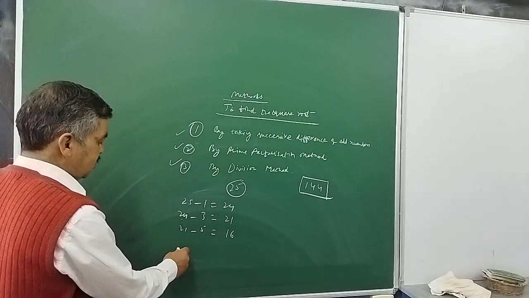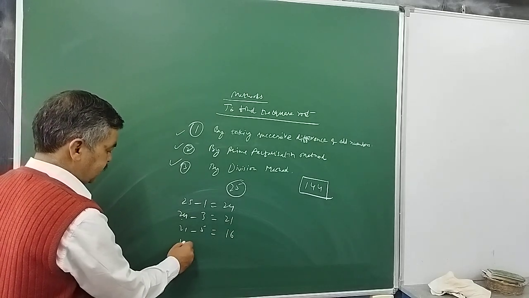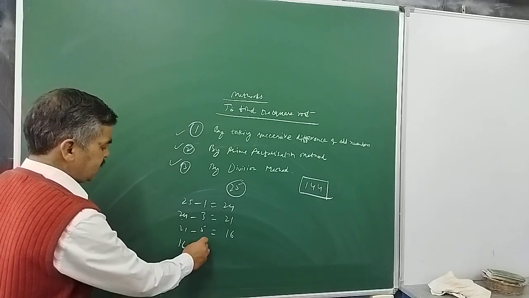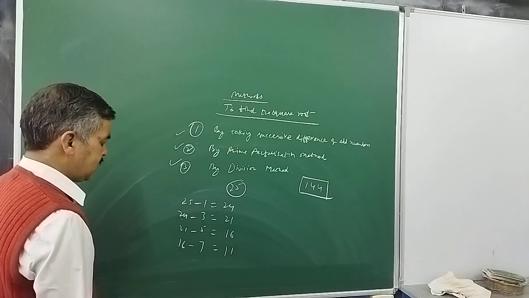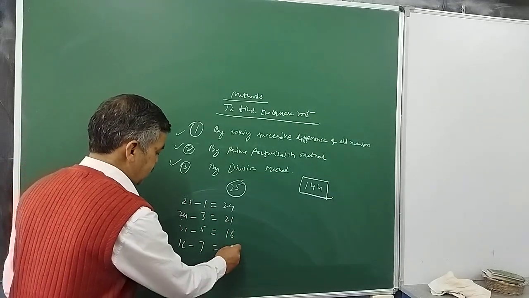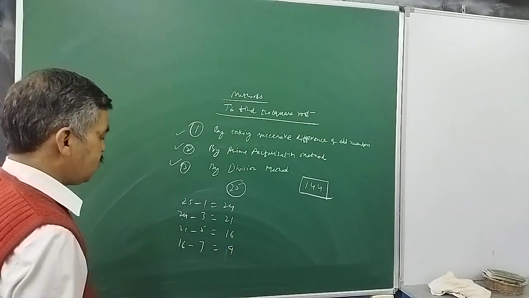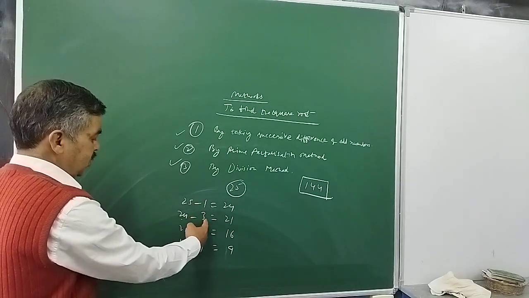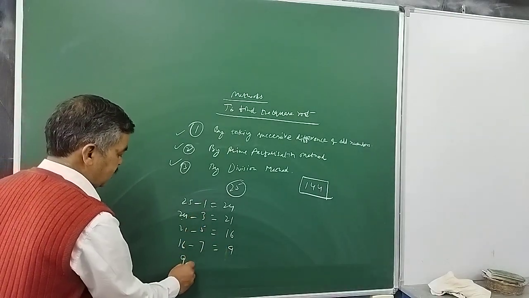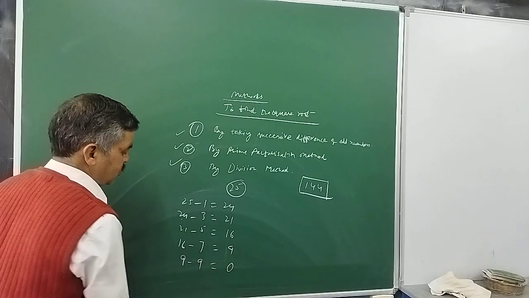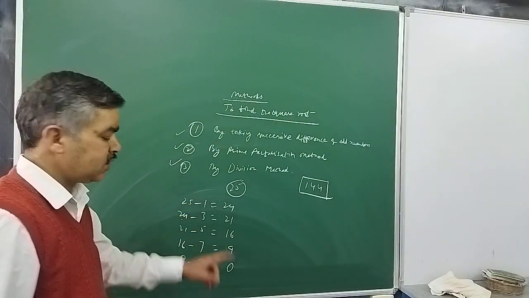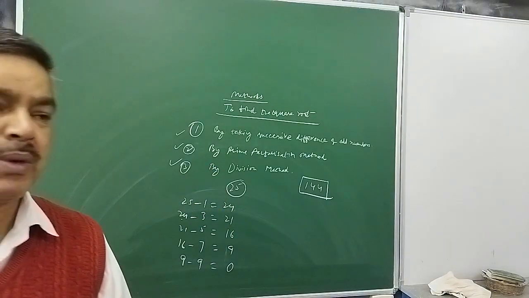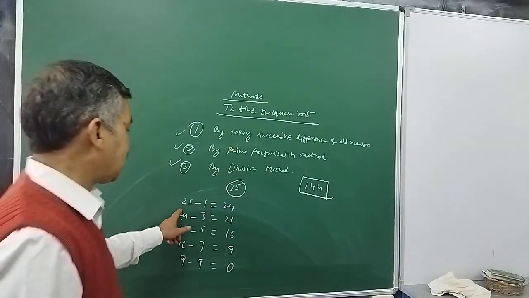And then 16 minus next odd number, 7, so you will be getting 9. After that, 9 minus 9 gives 0, because 1, 3, 5, 7, 9 are the consecutive odd numbers. I am subtracting from the result I am getting.